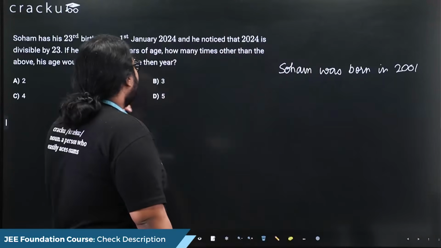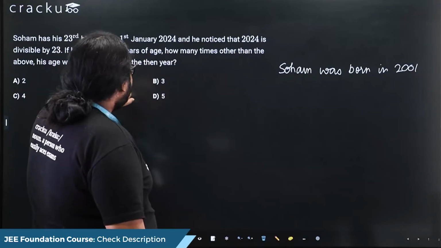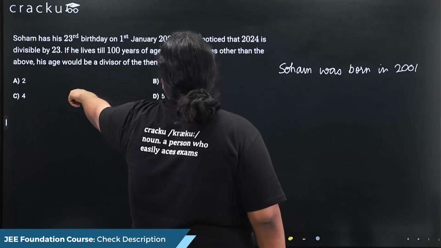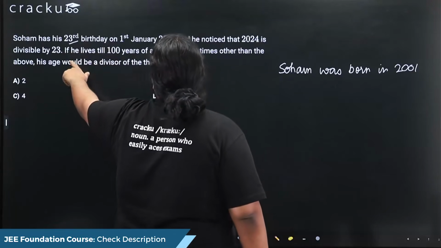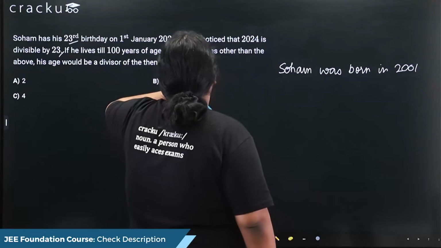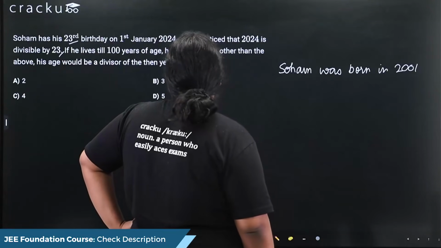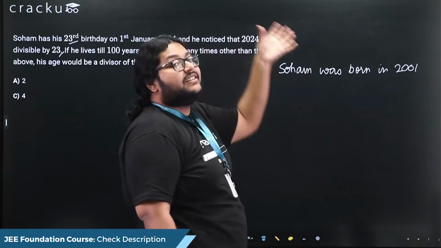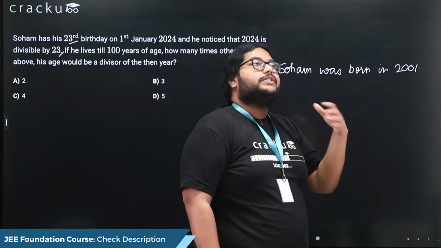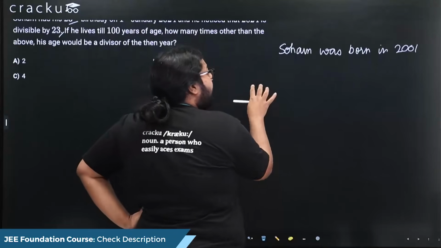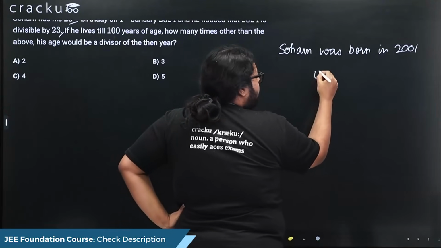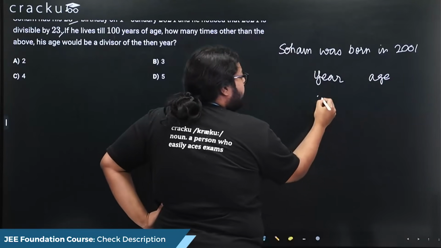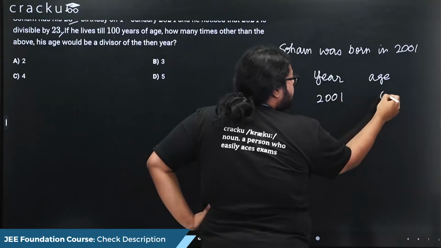Now if you see what is happening here, it says that in 2024, his 23rd birthday year was divisible by 23. So 2024, the year in which he turned 23, was divisible by 23. Okay, so if I have a general expression of year versus age: in 2001, his age was 0.